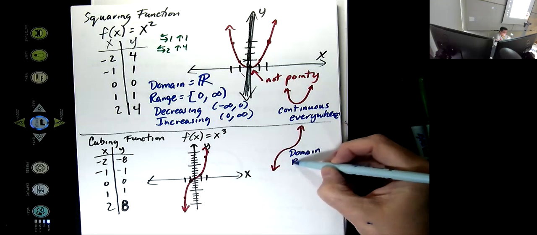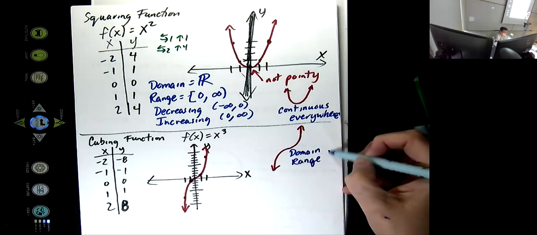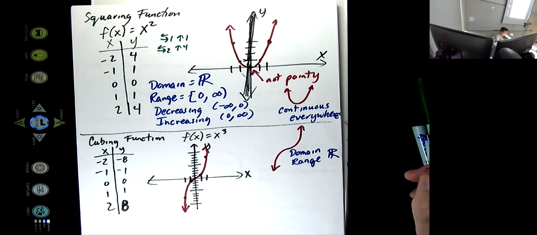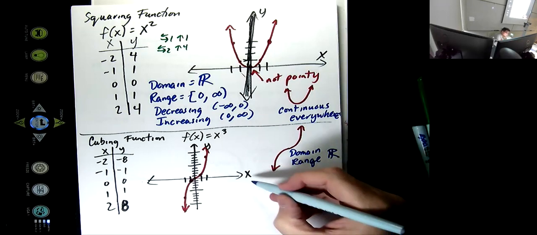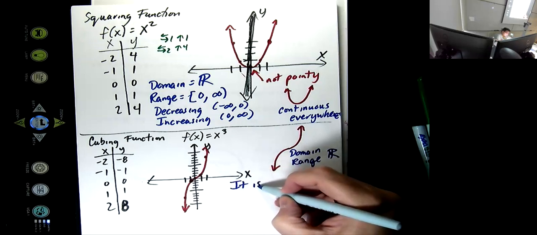Domain and range are both all real numbers. And it is increasing and continuous everywhere.